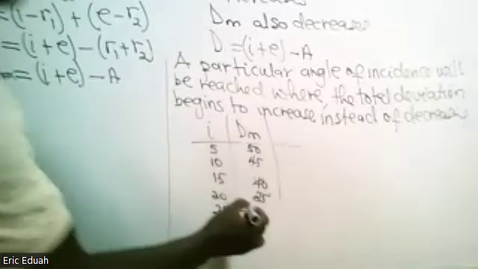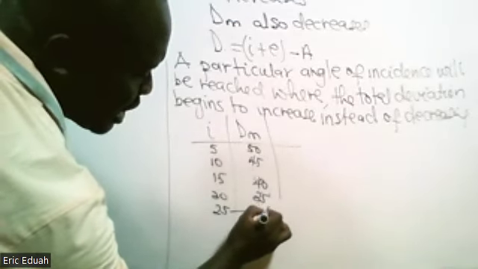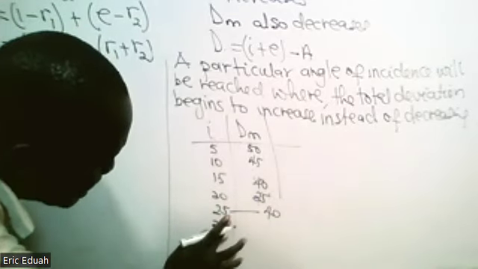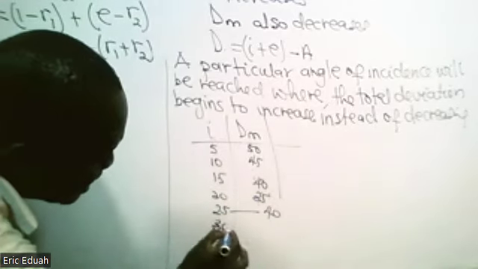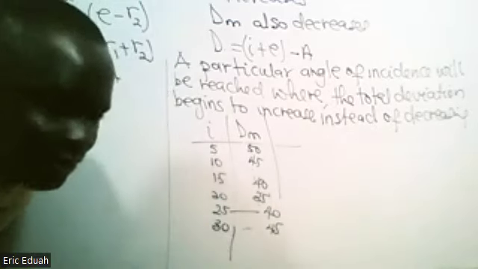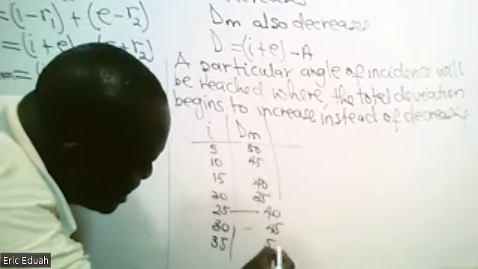Then it will rather begin to increase. So 35, then we'll come back to 40, 30, then we'll have 45, 35. Then we have 50.